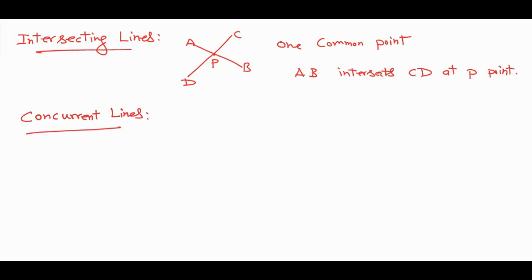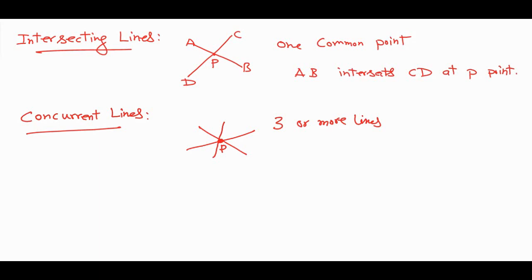If three or more lines intersect at a point, called P, then we can say those lines are concurrent lines.